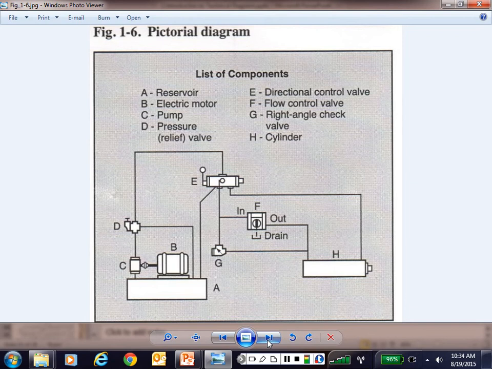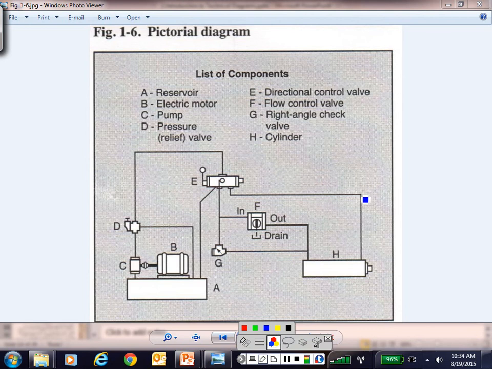And how much force you generate would be equal to how much pressure you have multiplied by the surface that you're pushing. Make sense? So force is equal to area times pressure.